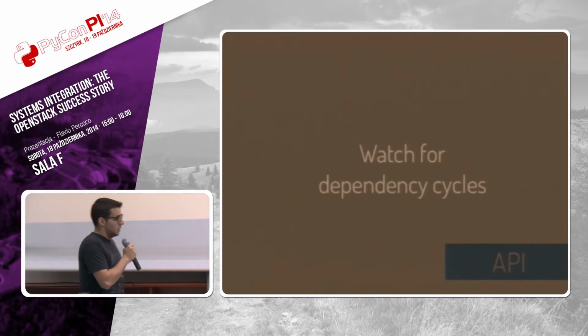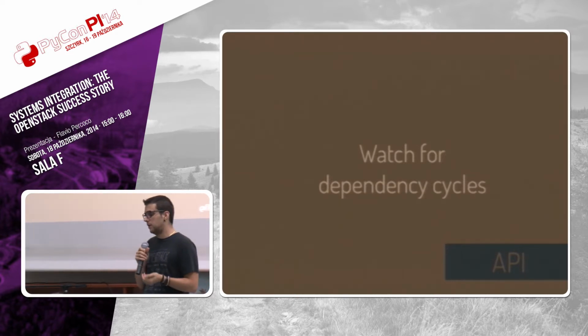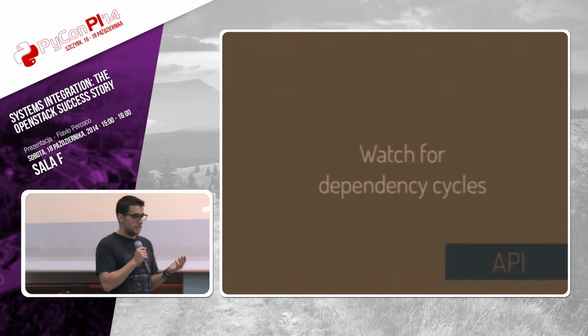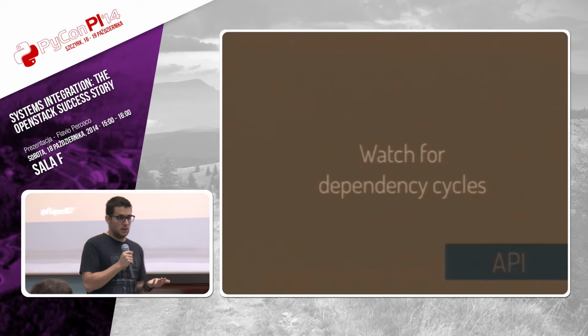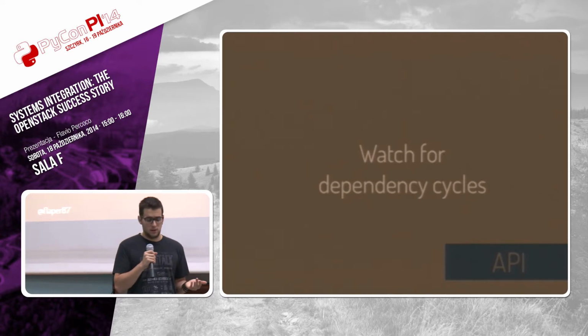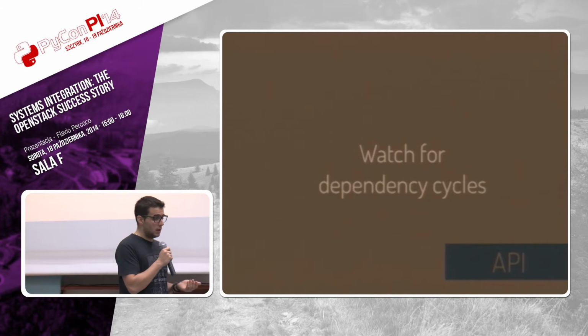Watch for dependency cycles. This might be kind of obvious, but I still wanted to say it anyway. There might be dependency cycles in your API, since probably the most common way to figure out that there's a dependency cycle is by actually running the API and sending messages.